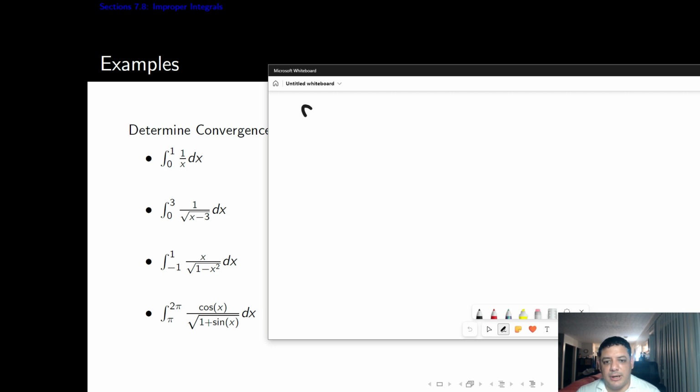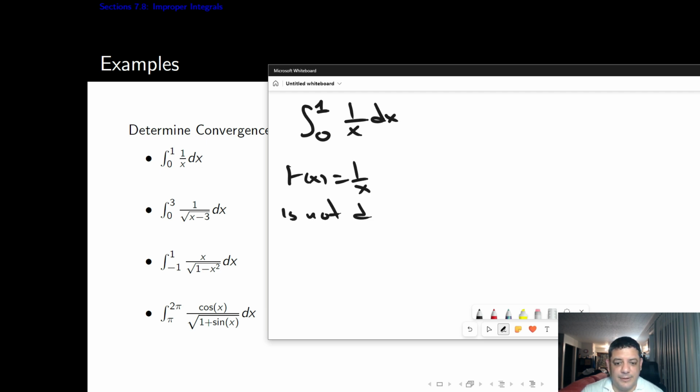So first we're going to have the integral from 0 to 1 of 1 over x dx. You might be wondering, where is the issue here? Well, the issue is that f of x equals 1 over x is not defined at 0. So this 0 here is an issue.